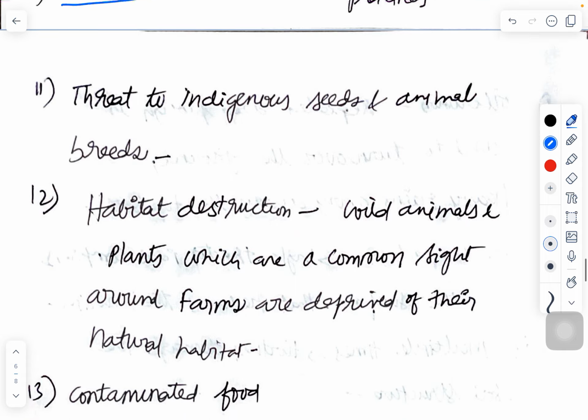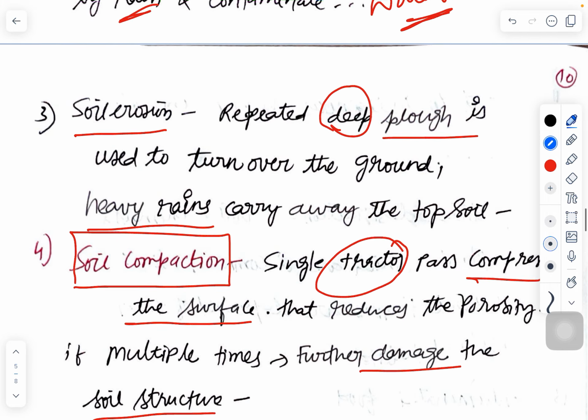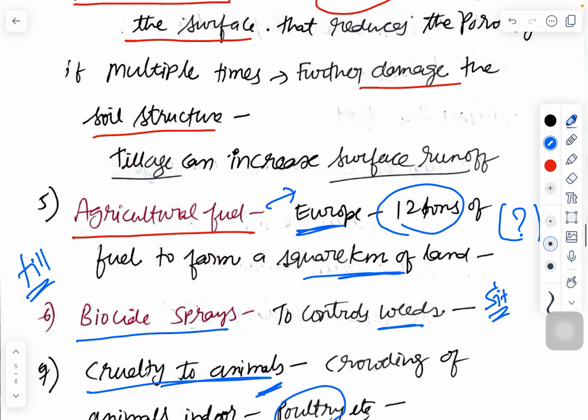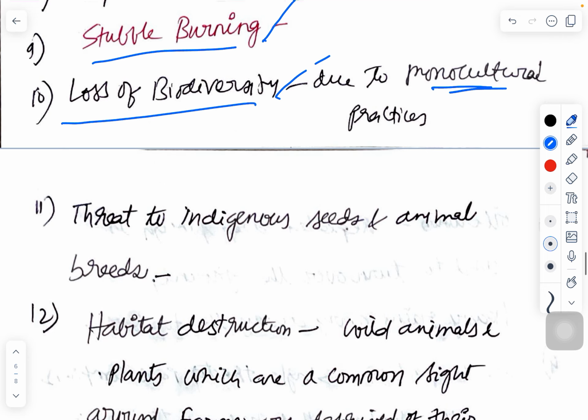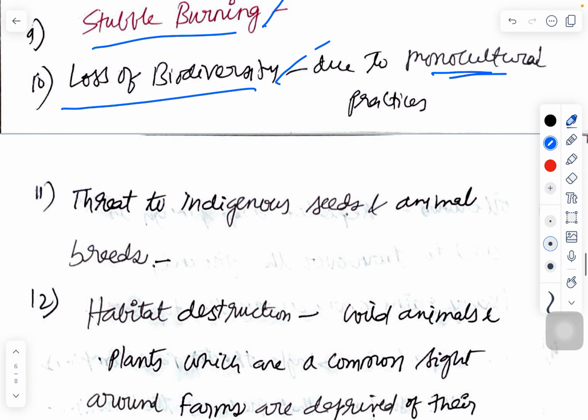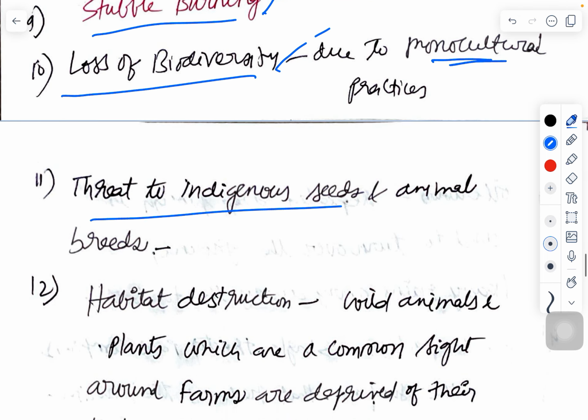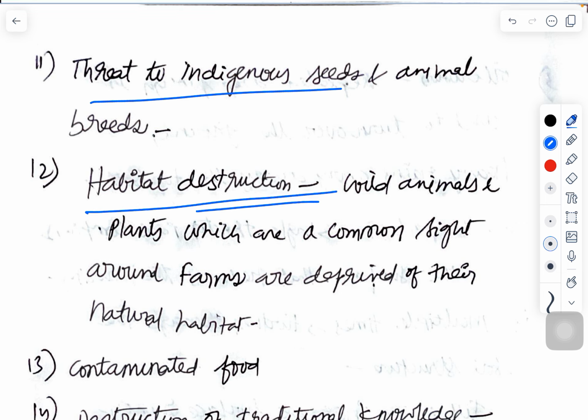When it comes to some of the problems of modern agriculture, we can also see a threat to indigenous seeds and habitat destruction. For example, wild elements of plants which are seen as an obstruction to traditional agriculture are removed.